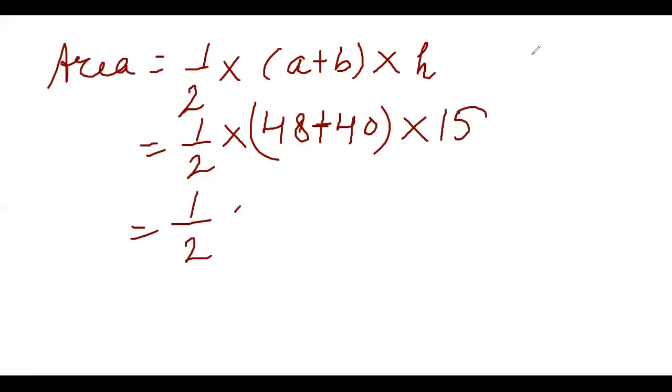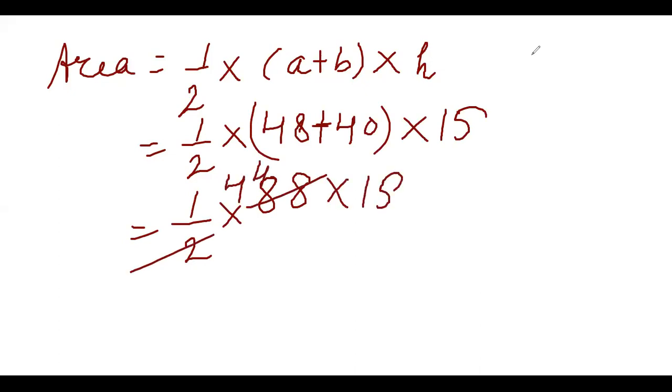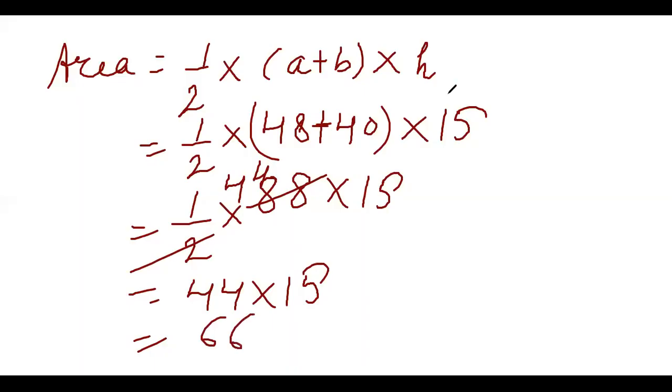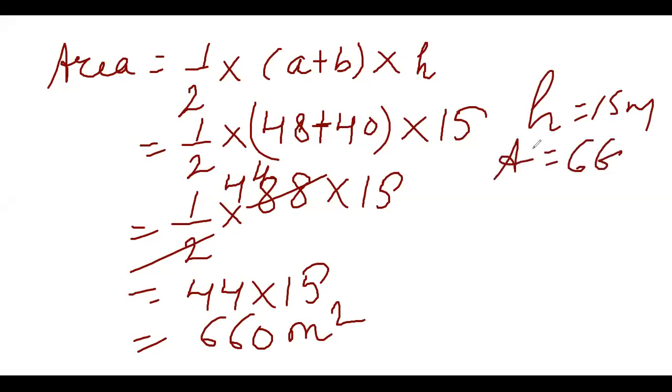Half into, solve the bracket first, 88 into 15, you can cancel it, multiply 44 into 15, what it will be, 660 meter square. This is answer here. Height is 15 meter, area is 660 meters square, right?